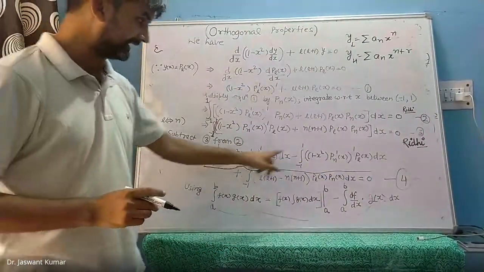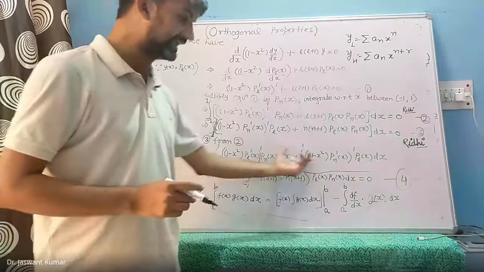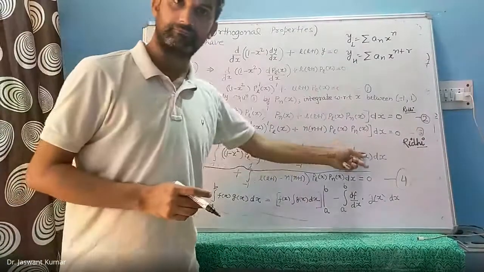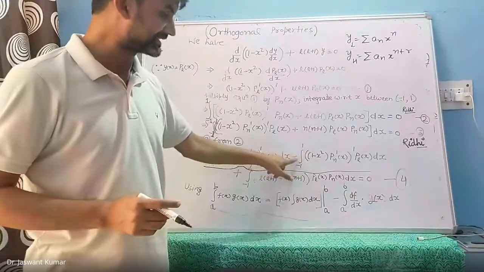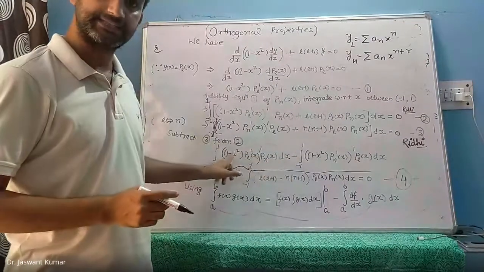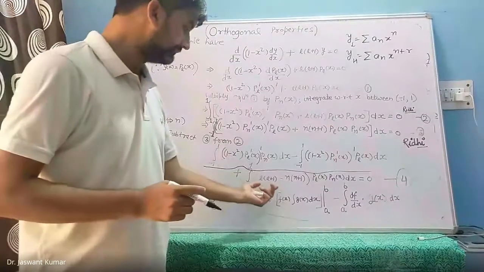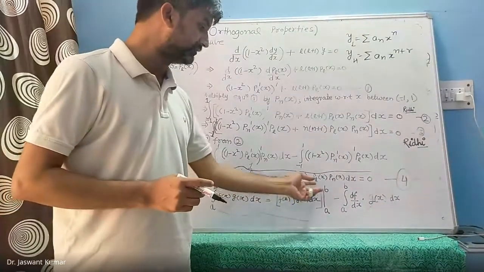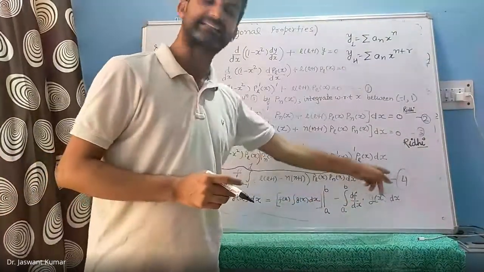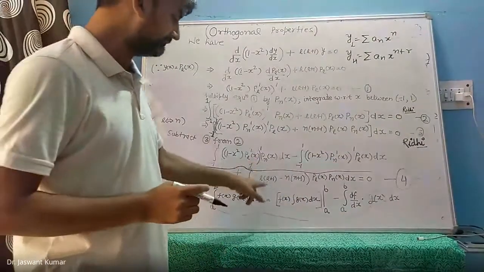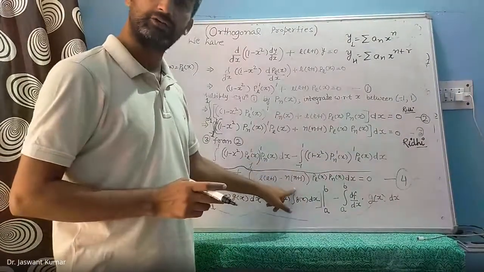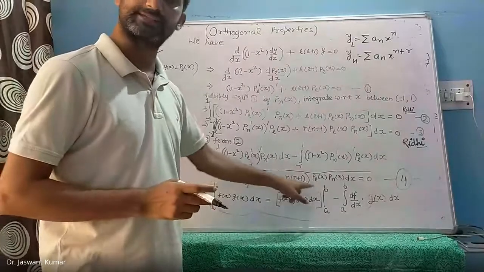The term number 1 and term number 2 on integration gave us the same numerical value. Since there was a negative sign in between them, the same numerical value got cancelled. That is why we got L into L plus 1 minus N into N plus 1 times PL(x) PN(x) dx equal to 0. So then we said that if L is not equal to N, that means this term is not equal to 0.